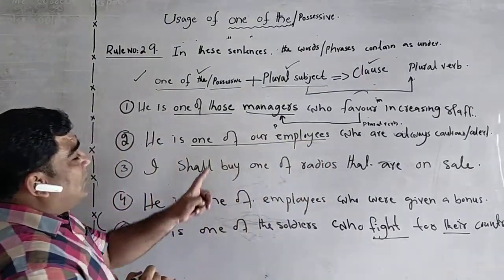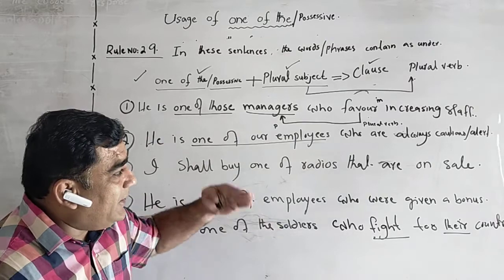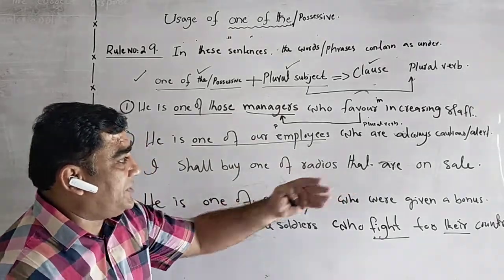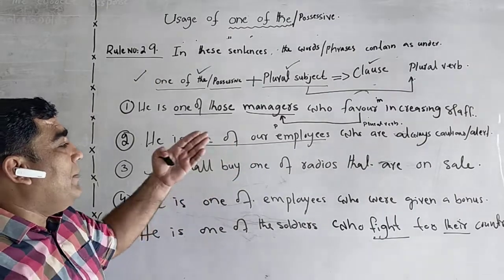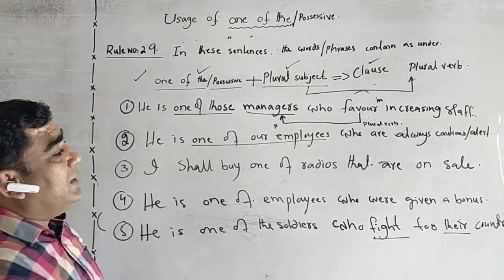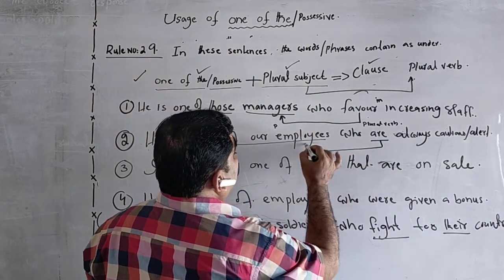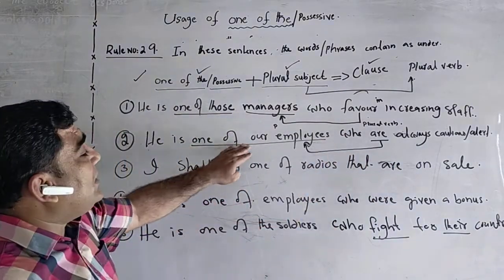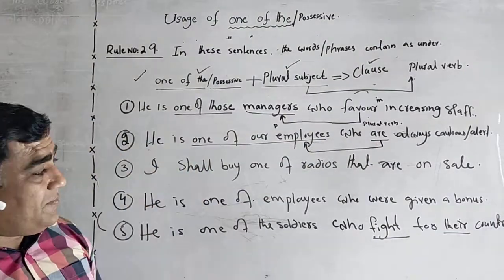We know that one of the employees carries a singular verb. But when a clause is added to the main sentence, then we use not "is" but "are" here. See, he is one of the employees who are always conscious and alert.